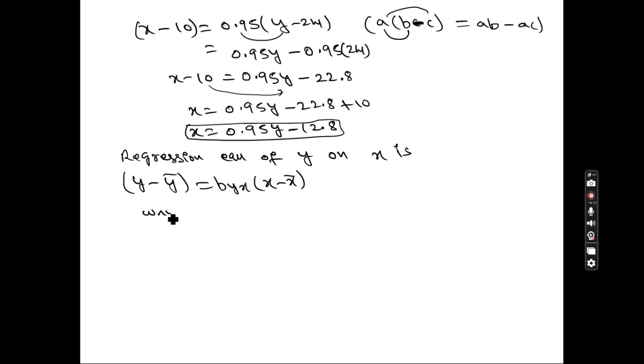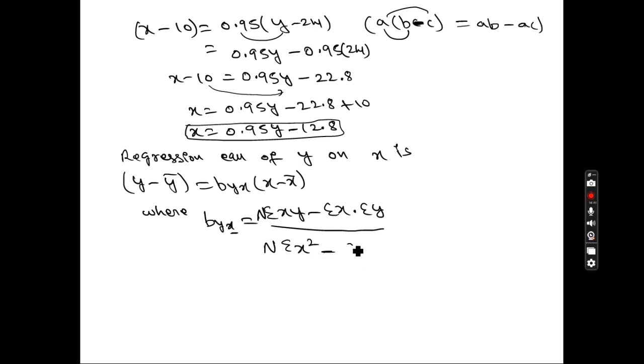You know already how to calculate it. byx is evaluated using n into summation xy minus summation x into summation y, divided by n into summation x square minus summation x whole square, since x is the second letter, you write x down. Already all the values are there in the table, so I am replacing the table values here.